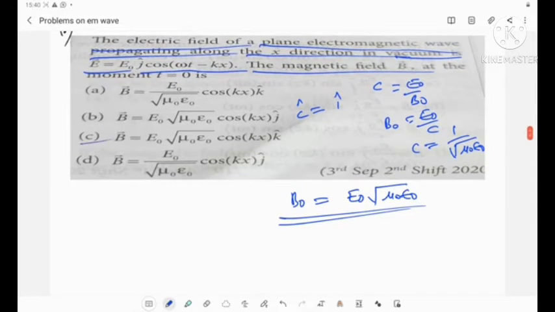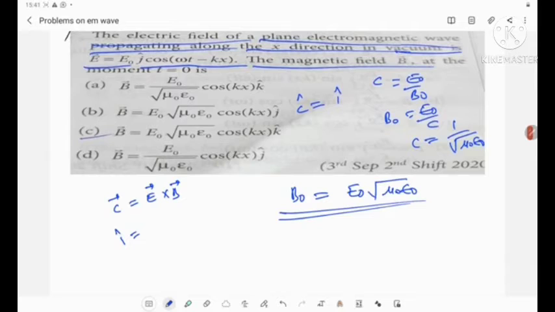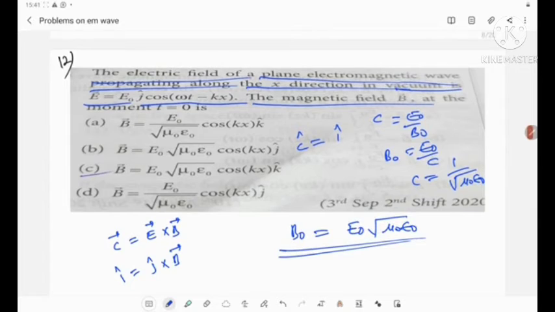From this, we have to find out the direction, where C bar is equal to E bar cross B bar. Here C bar is i cap and E bar is given as j cap, cross B bar.